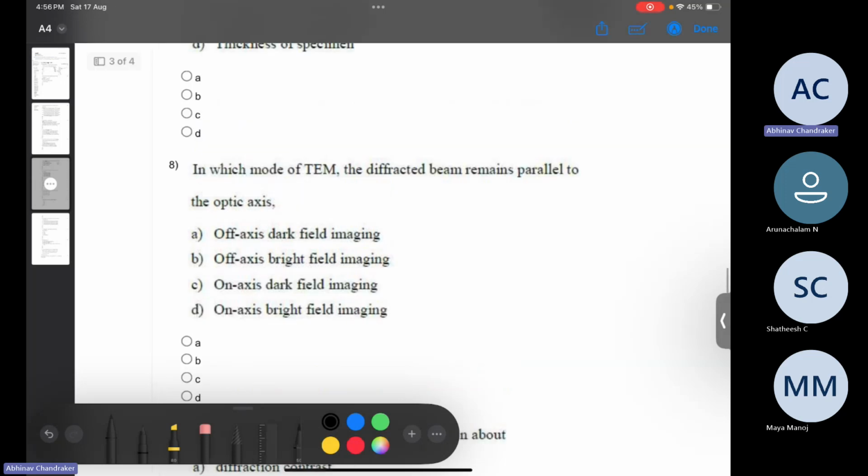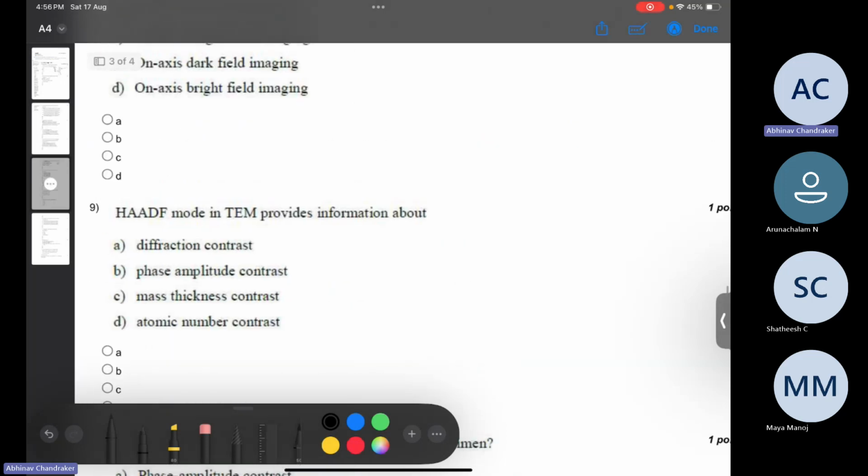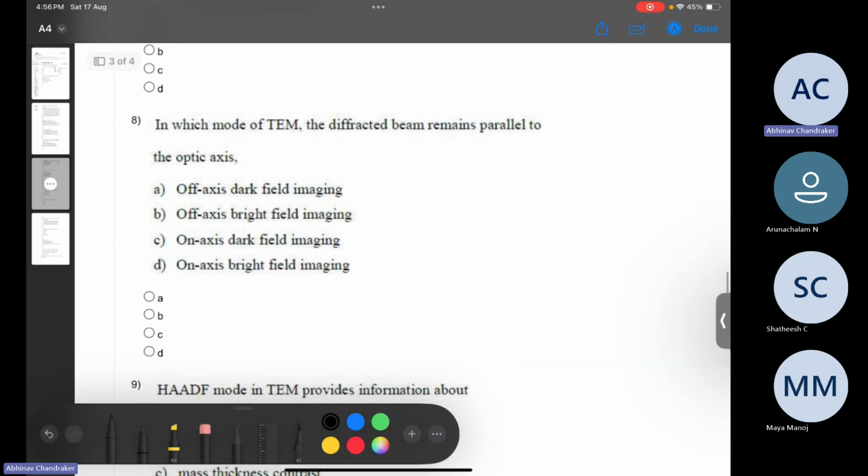Any thoughts on this? If you have any doubts related to any of these, let me know. So, what is firstly off axis and on axis imaging? The optic axis is nothing but the perpendicular direction to the lens system, and this is usually the direction from which the electron beam is coming. So, this could be your aperture and lens system.